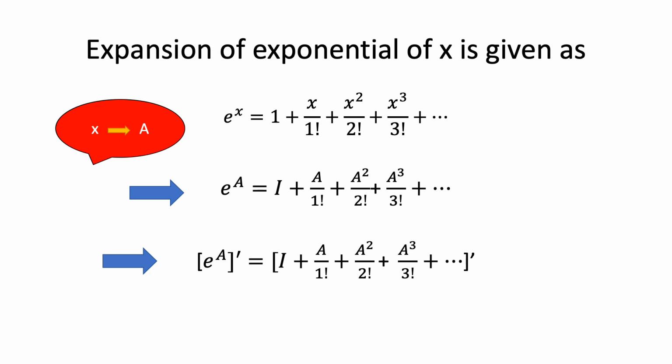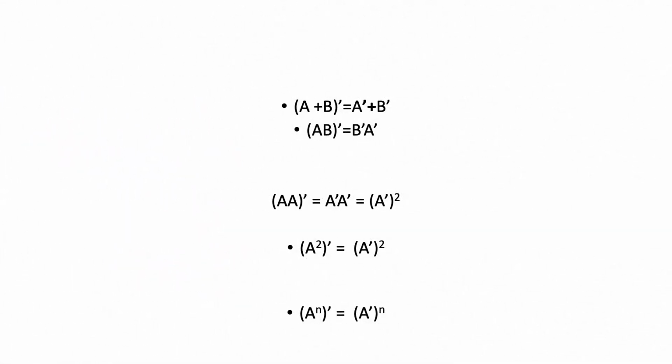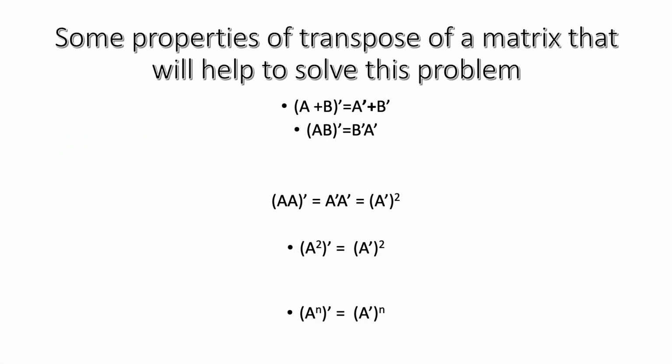Next, I want to show you some tricks or basic ideas to solve this problem. We will be using some properties of the transpose of a matrix. So (A plus B) dash, that is the transpose of A plus B, is equal to A transpose plus B transpose, and (AB) transpose is B transpose A transpose. These are the basic properties that you will be familiar with from class 11th.